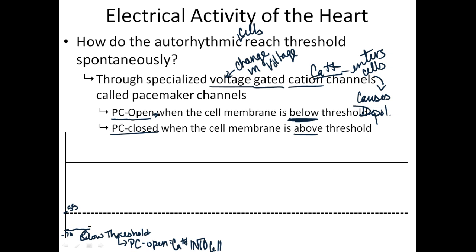Well, if calcium is going into the cell, am I going to stay at negative 70? Hopefully you're thinking, no, I'm going to begin to rise up. Oh, I reached threshold. Now I'm above threshold. That means my pacemaker channels are going to close. But do I care? You should be saying no, because if I reach threshold, I'm firing off.